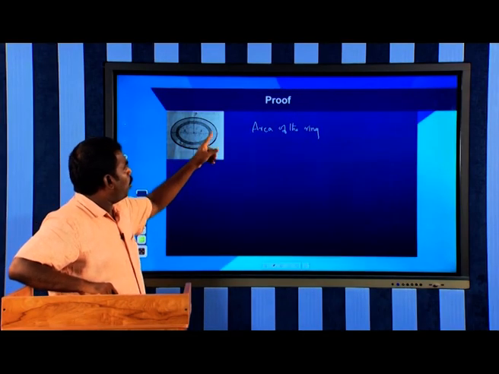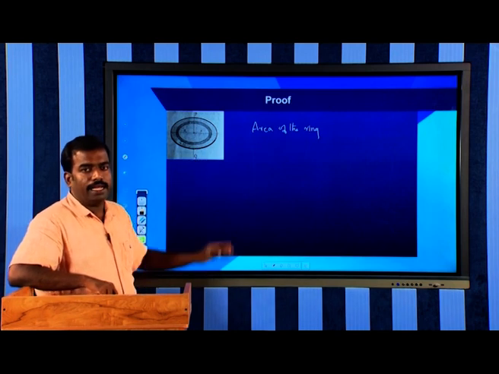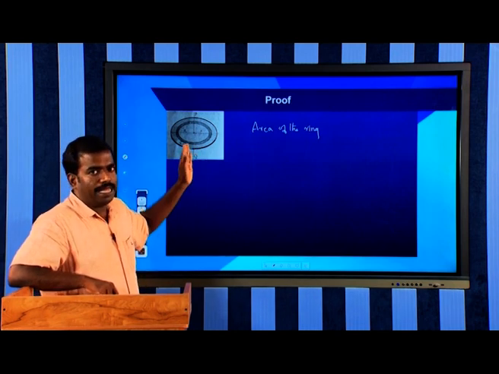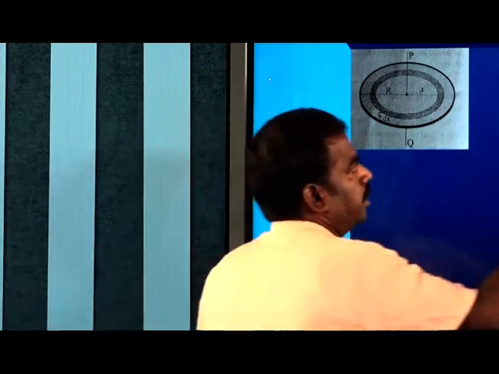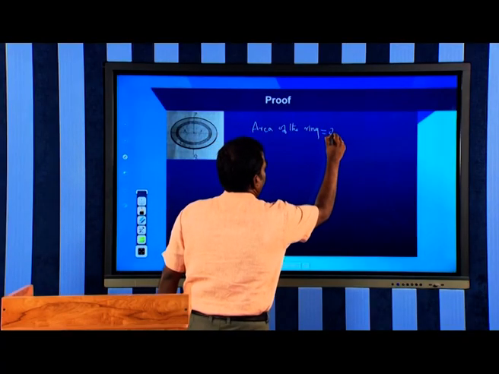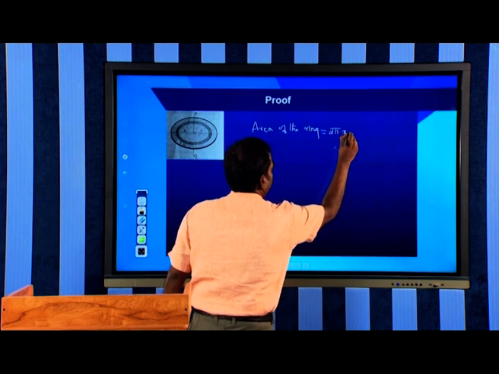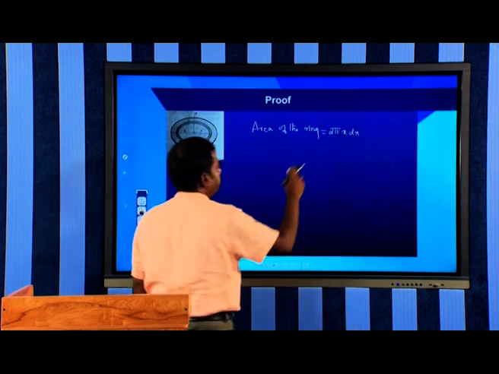So, the area of that portion is nothing but length into breadth. That length is nothing but the circumference. So, what is the circumference of this ring? Its radius is x. So, the circumference is 2 pi x, into width dx.